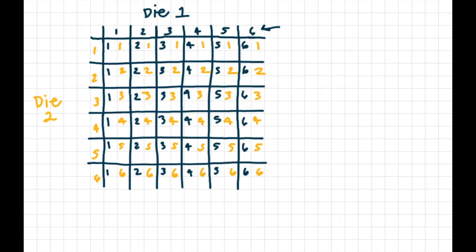Then on the y-axis, I have die 2 in yellow, and all the options for die 2 are written in yellow: 1, 2, 3, 4, 5, 6. Then in the middle of the table, I've combined the option for die 1 with the option for die 2.